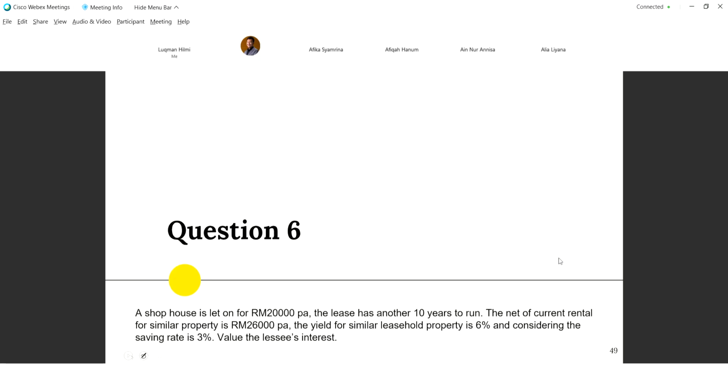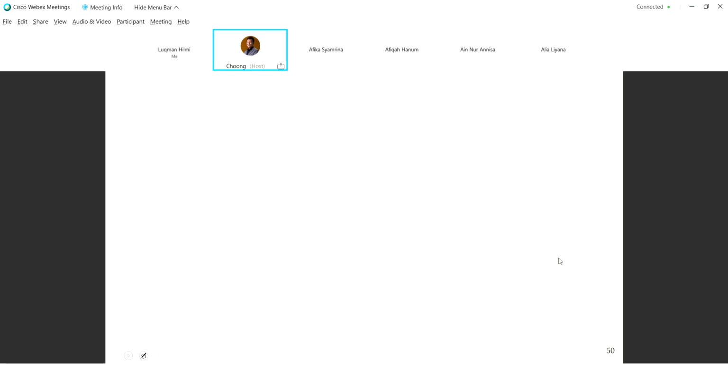For a direct one, what you're going to do is, again, you have to find your profit rent first. First things first, if you see a profit rent question, then you have to find out what the profit rent is.